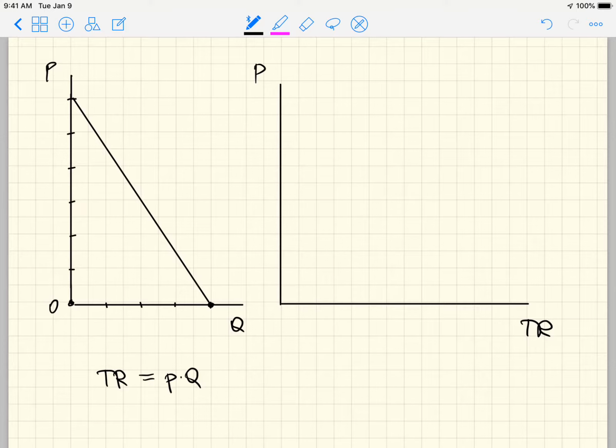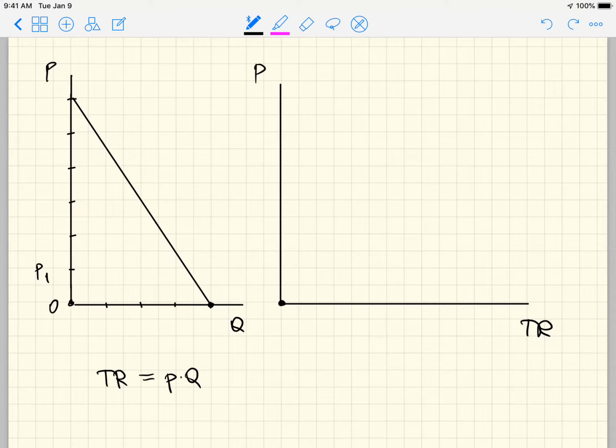Quantity sold will be that large, but as price is 0, 0 times whatever Q you have is 0. And we can plot total revenue for this price right away here. So at price 0, total revenue is 0.